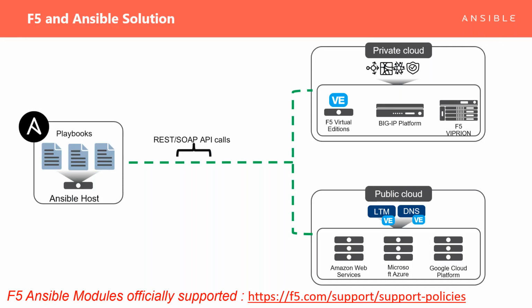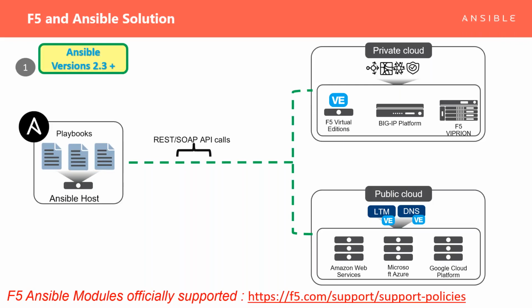And having these different F5 Ansible modules gives a great uniform interface to all of the users to deploy the common tasks. So you have different modules, and you can customize the modules to develop your own playbooks, which is going to represent your workflows. We have F5 Ansible modules starting from Ansible version 2.3.